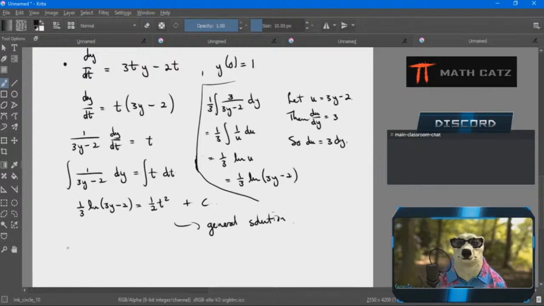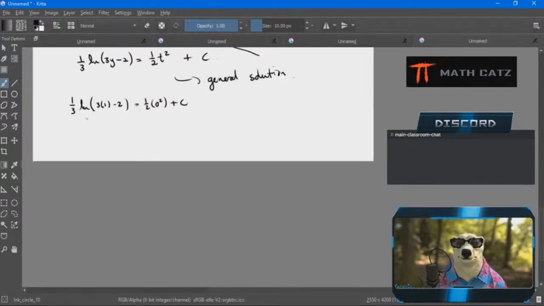I use my extra information, and it says when t is 0, y is 1. So I plug that in. Wherever I see a y, it'll be a 1. And wherever I see a t, it'll be a 0. Let's move up a little bit.